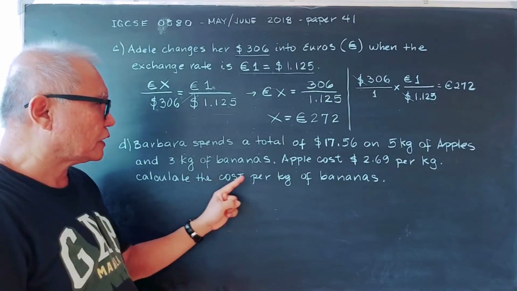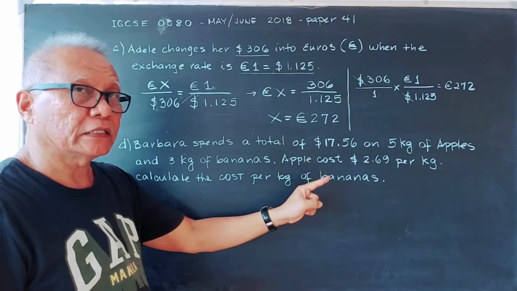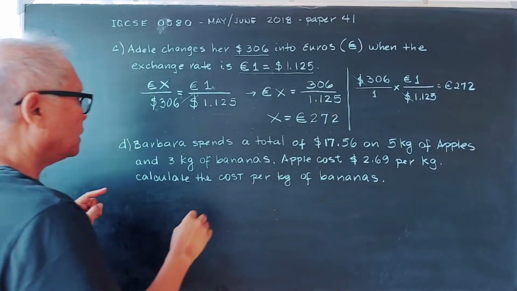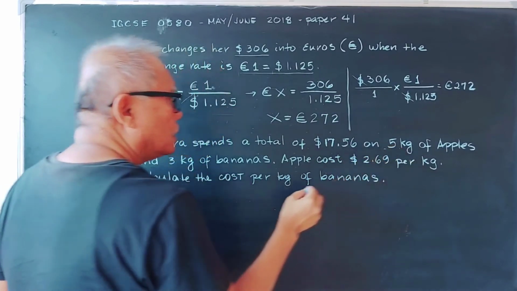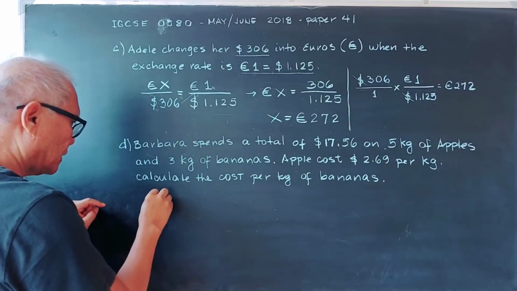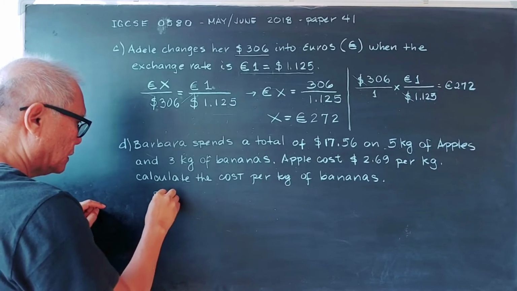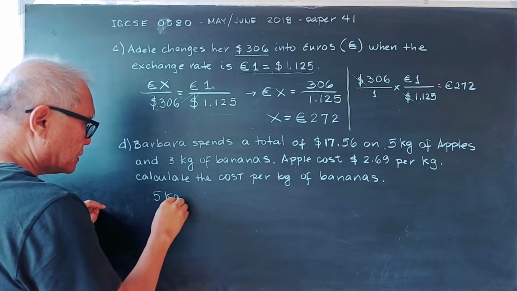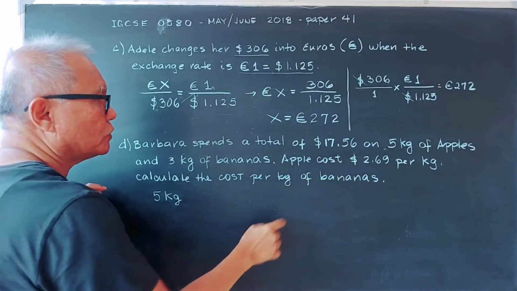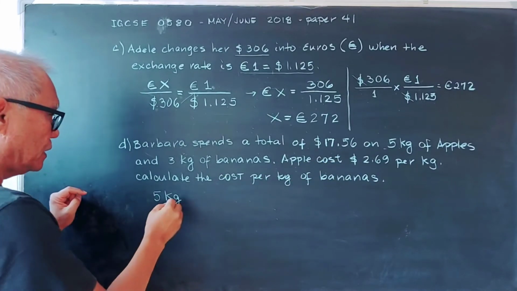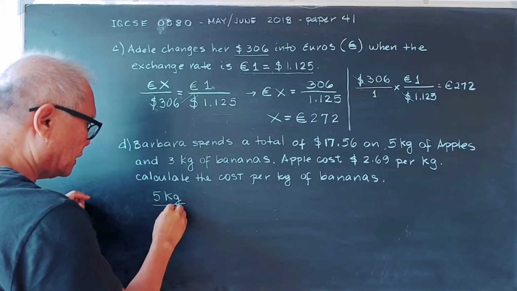Calculate the cost per kilogram of bananas. So first we have the apple, 5 kilograms. So we are going to write 5 kilograms here. And how much is the cost of 5 kilograms if an apple costs $2.69 per kilogram? So it's like conversion here.